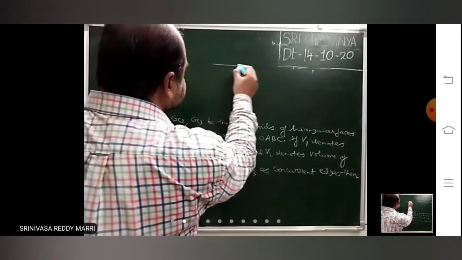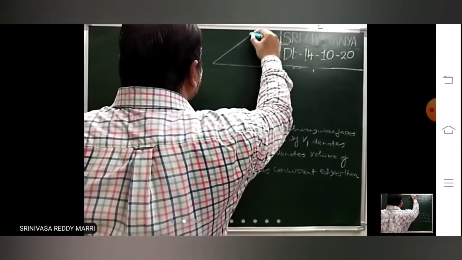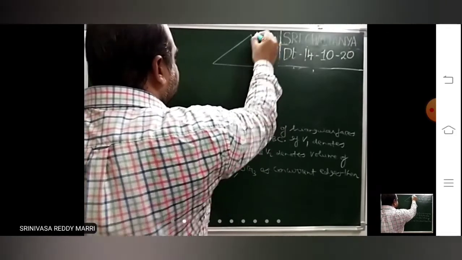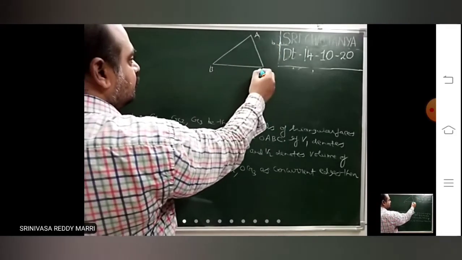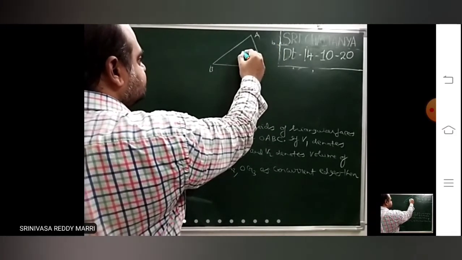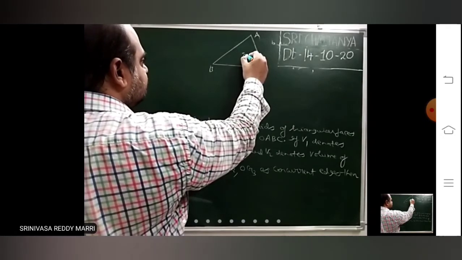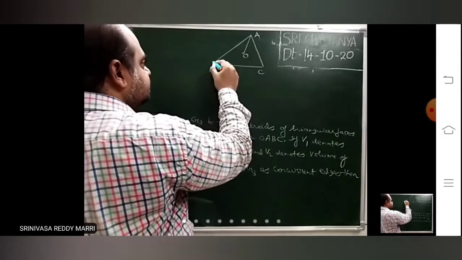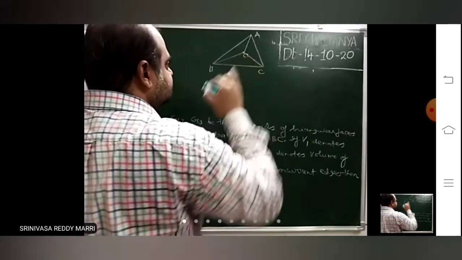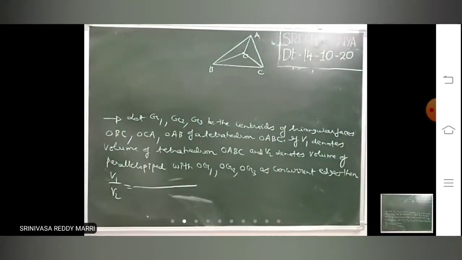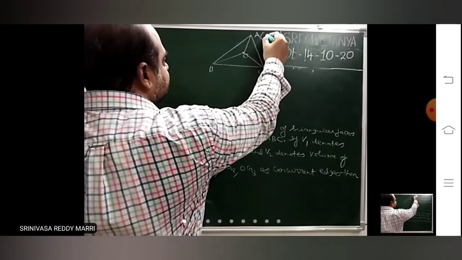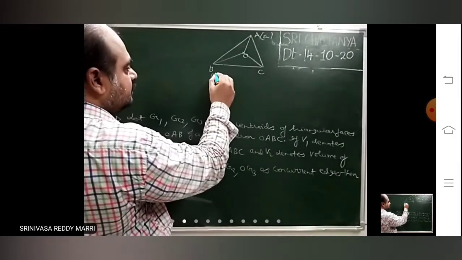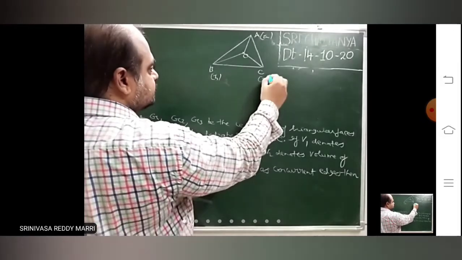Now tetrahedron is OABC given. OABC given means take O as origin. Take one vertex as origin, it will become easy. Origin means 0 bar. So join this. So this is the tetrahedron OABC. Now you assume the position vectors A bar, B bar, C bar.